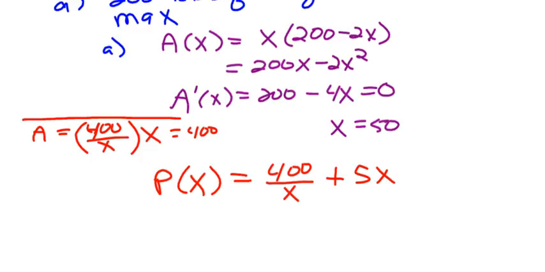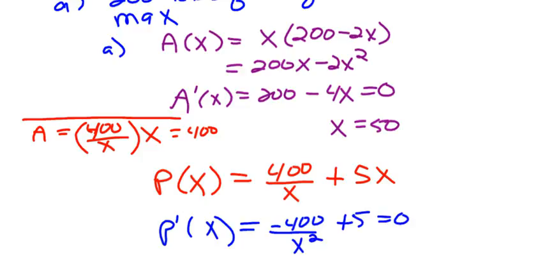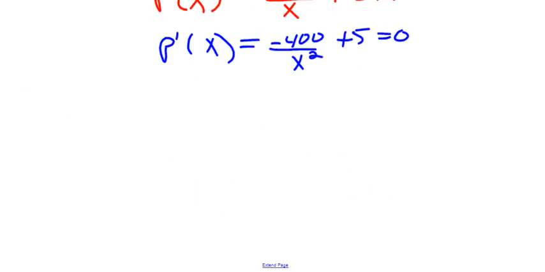So going ahead and using this equation, I'm going to find its derivative. P prime of x, and I have negative 400 over x squared plus 5. I'm going to set it equal to 0. And then from here, when I solve this, I get x equals 4 square root of 5.